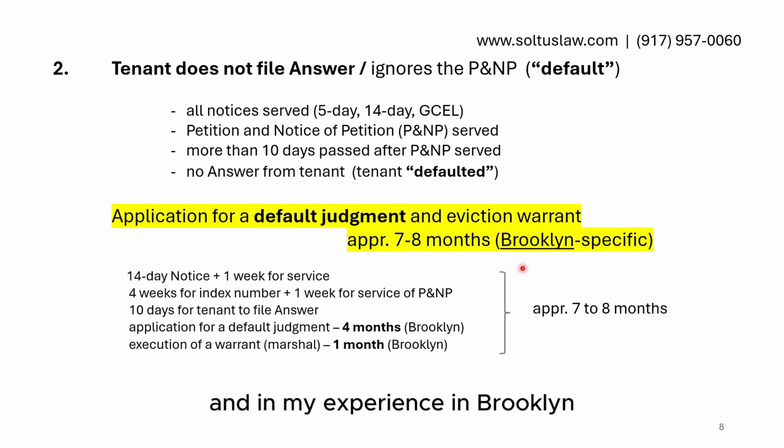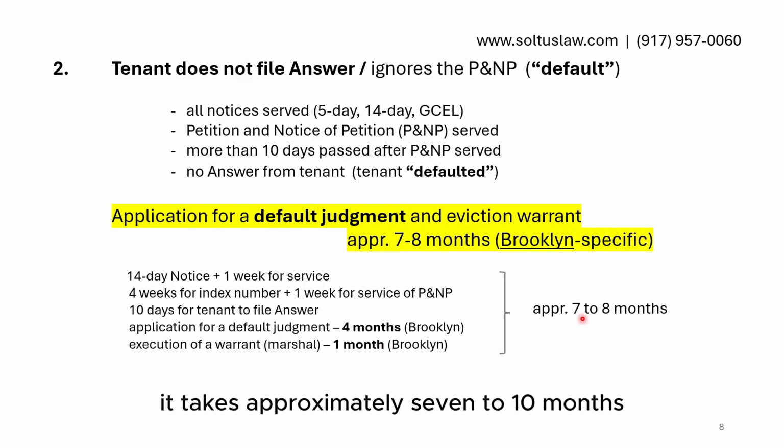and eviction warrant to have the tenant evicted from the apartment. In my experience in Brooklyn, the whole process, starting from the beginning of the case, from the 14-day notice, up to the actual eviction of the tenant from the apartment, takes approximately 7 to 10 months.